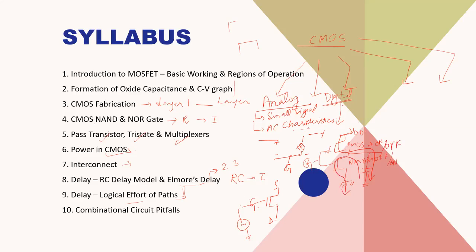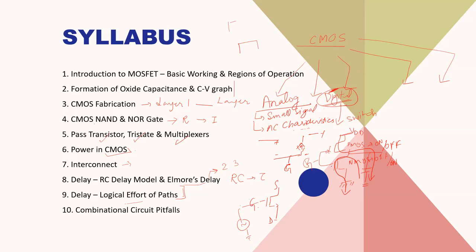So you would have studied switch, you would have studied NAND gates or NOR gates using CMOS. Although this topic is very, very less covered in our BTech syllabus, I'm just trying to say that this is the main focus of this course, and we'll study what is all there in digital CMOS.